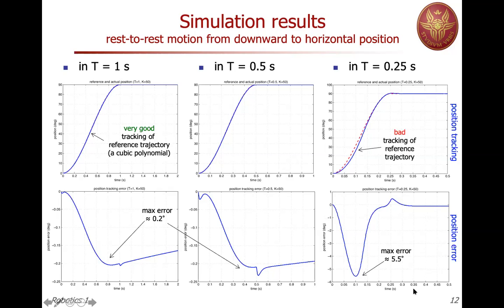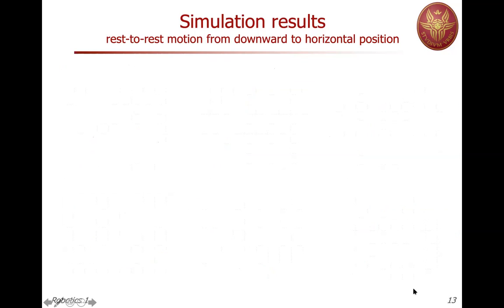In fact, this is bad tracking because you have a maximum error of 5.5 degrees, which is a huge error, I would say. Nothing has changed, same gains, only we are requesting a more demanding motion from the dynamics point of view, and the low-level controller starts failing. So its ideality is gone, okay?